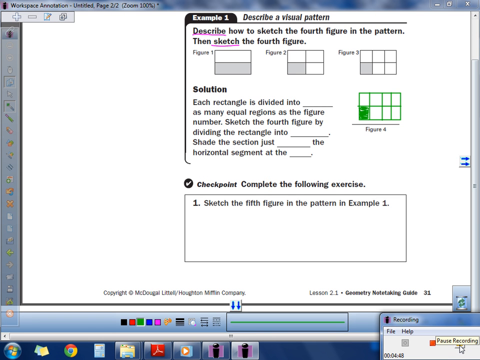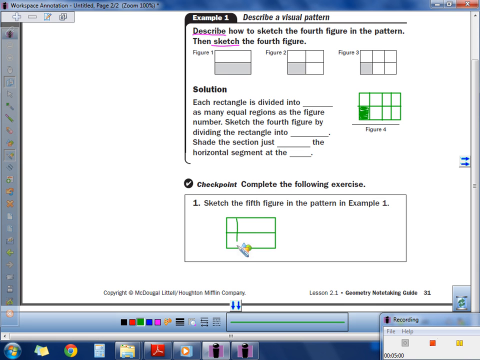Take a little time and try the next checkpoint. It says sketch the 5th figure in example 1. Good. It looks like everybody's doing well here. Once again, we have our rectangle. We know we have one horizontal line going through the middle. We had 0 vertical lines, 1 vertical line, 2, 3. This one's going to have 4 vertical lines.